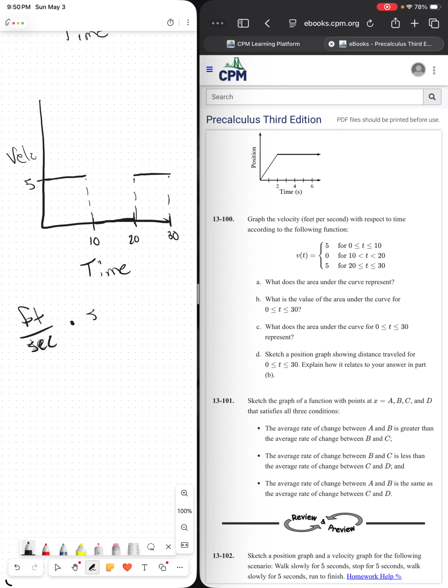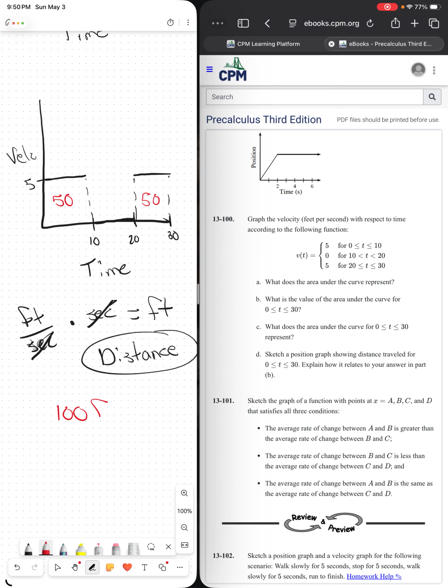So if we multiply those together, we're left with feet, which is a distance. So what does area under the curve represent? It represents distance. What is that total area under the curve? Well, 5 times 10 is 50. Same deal here, 5 times 10 is 50. So we have 100 feet as our actual area under the curve. That's kind of cool.